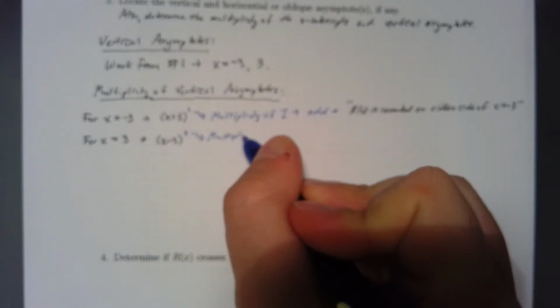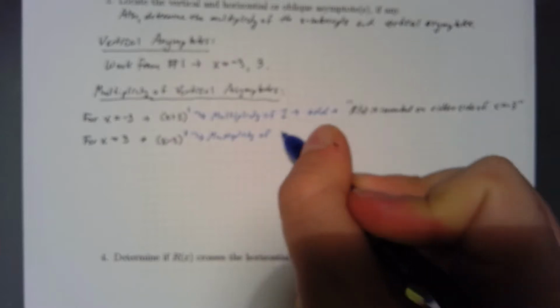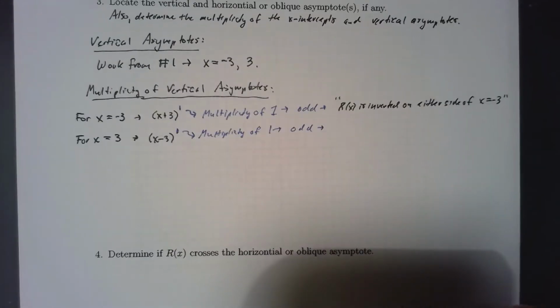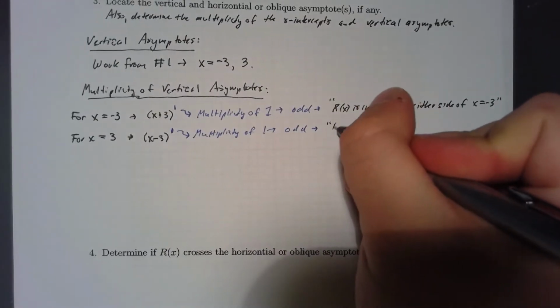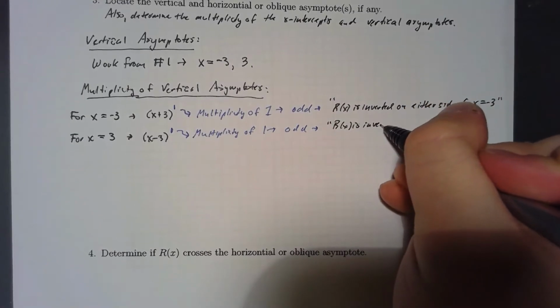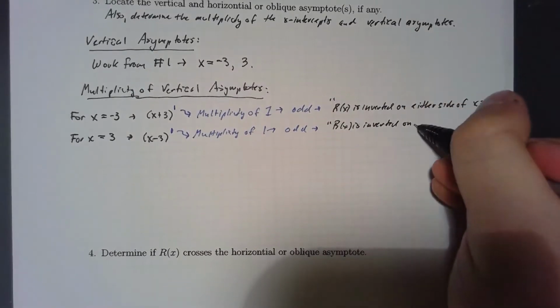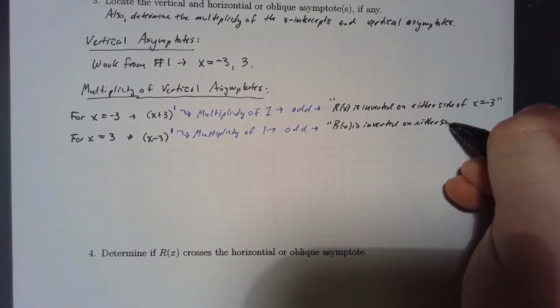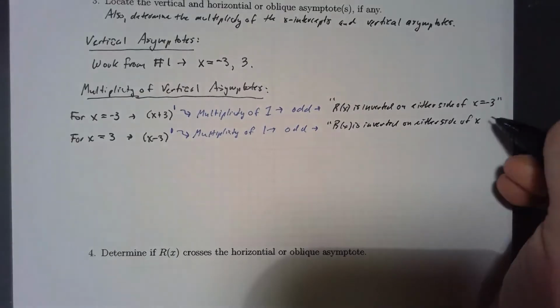Multiplicity of 1, which is odd, which means that r of x is inverted on either side of x equals 3.